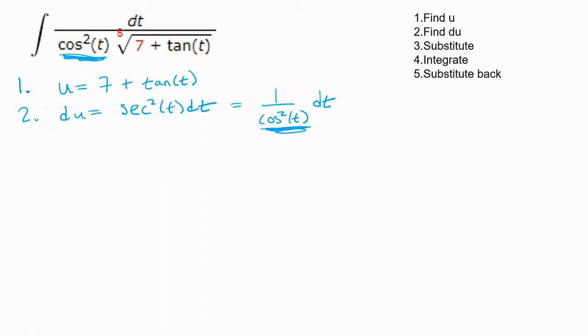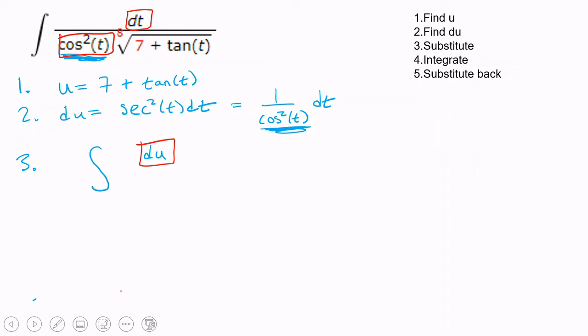Okay, so then let's substitute. So that's the integral. The cos squared t on the bottom, dt, all becomes du, right? So dt over cos squared t becomes just du.